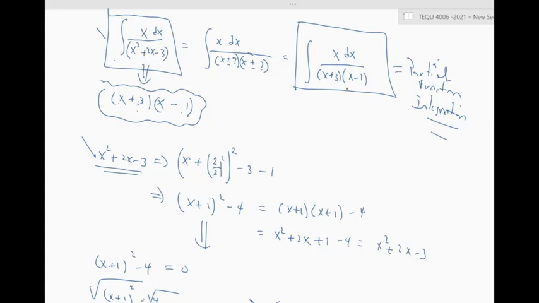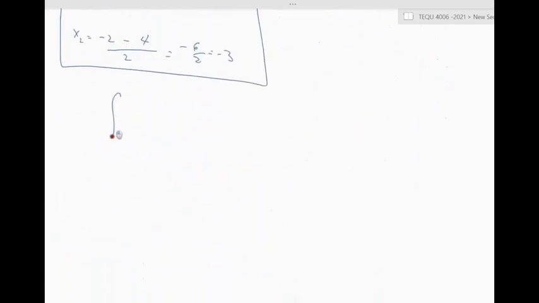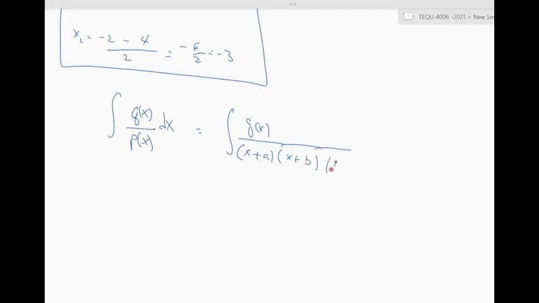Like for example, let's say that you have a polynomial, something like this. Let's say that you have q(x) over p(x) dx, and if you can factorize p(x) such as you have something like, I will say this is a general concept, (x plus a), (x plus b), (x plus c), and so forth.